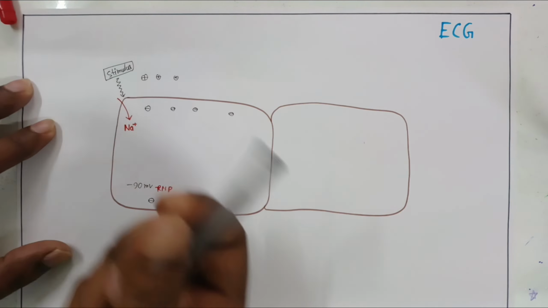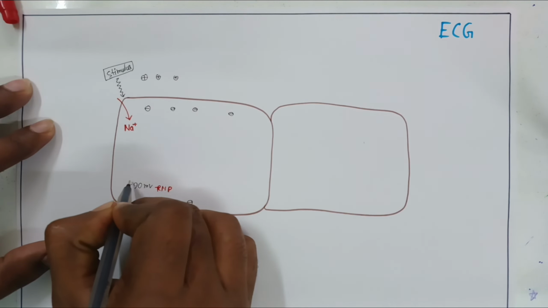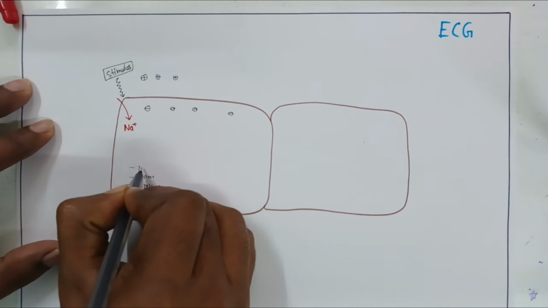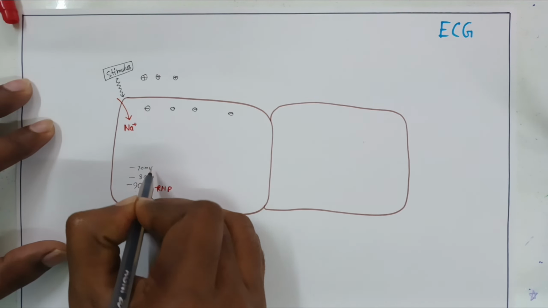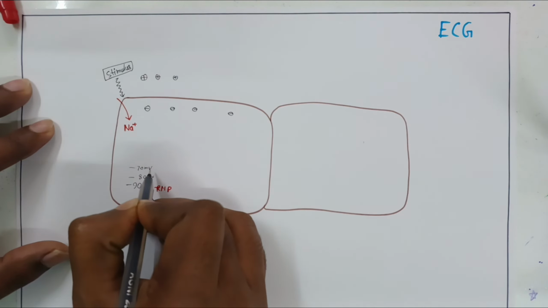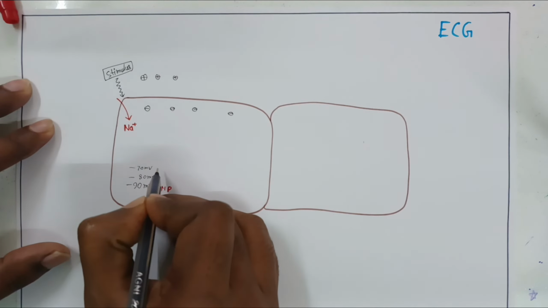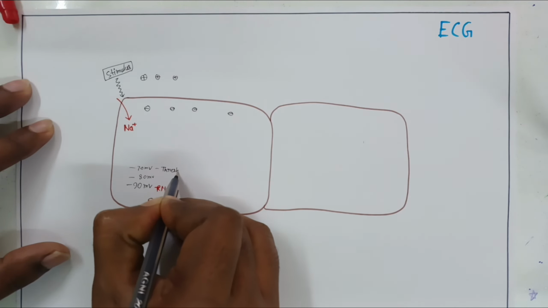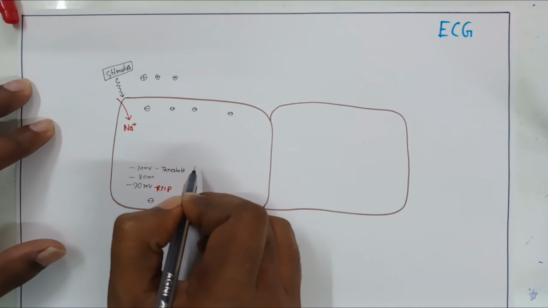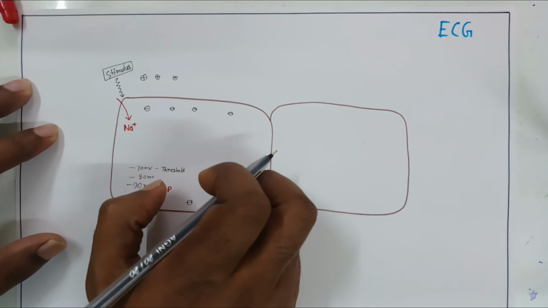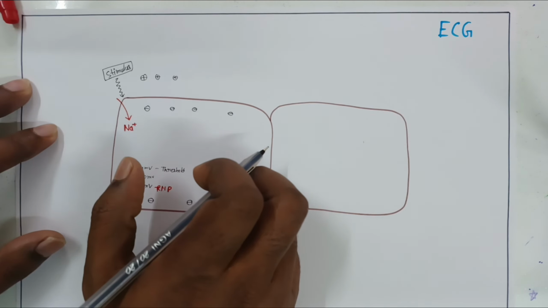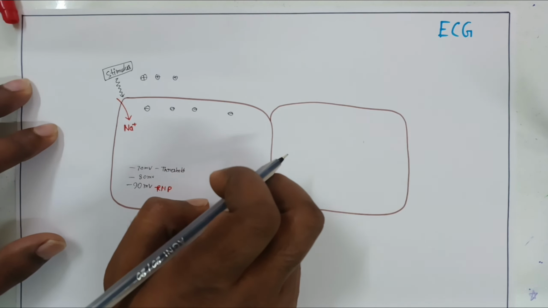Let's suppose it reaches minus 80 millivolt, then minus 70 millivolt. As minus 70 millivolt is the threshold potential of these ventricular myocardial cells, now it is able to generate an action potential.